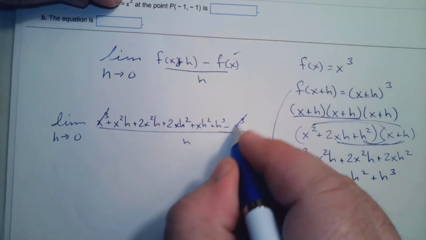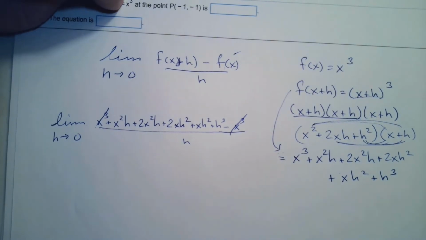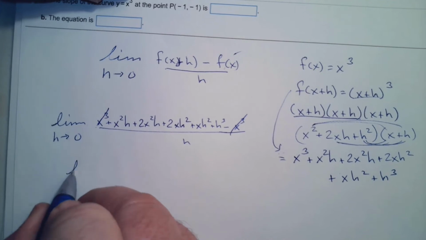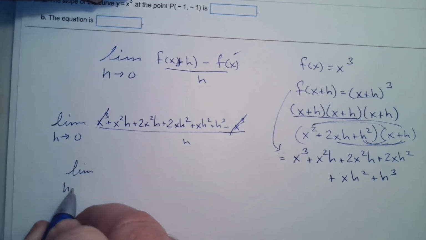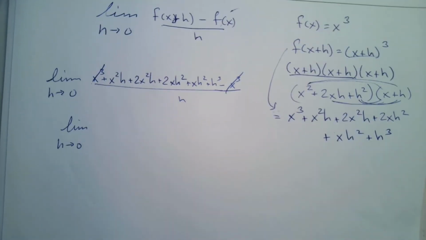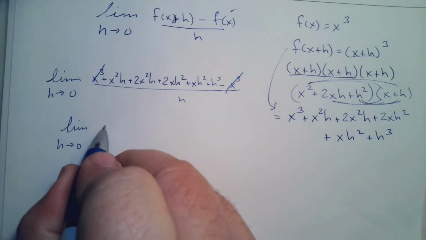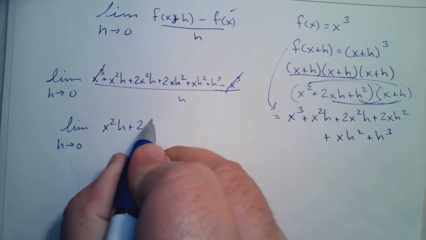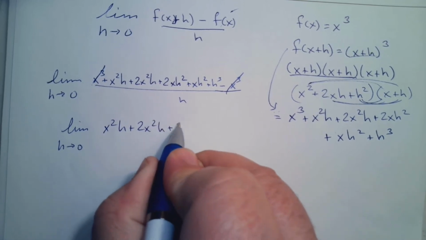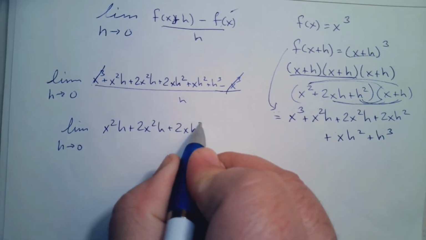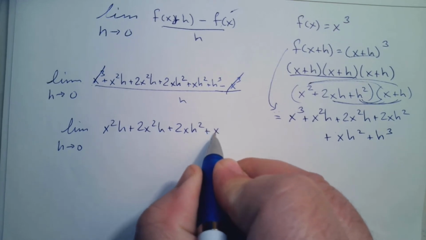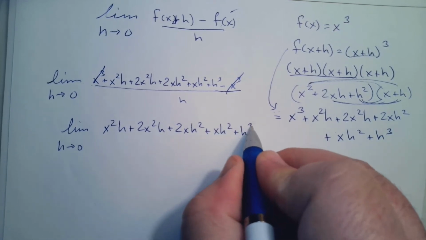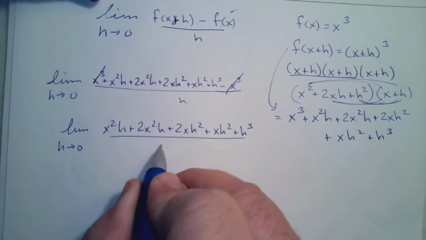So the x cubes cancel, leaving us with the limit as h goes to 0 of x squared h, 2x squared h plus 2xh squared, xh squared plus h cubed all over h.